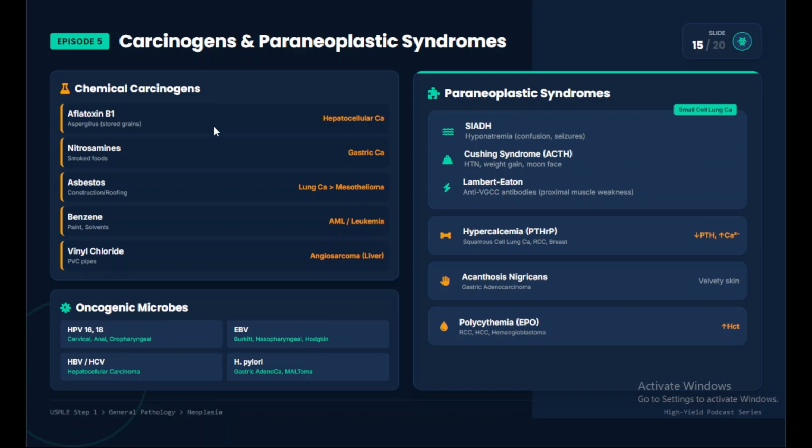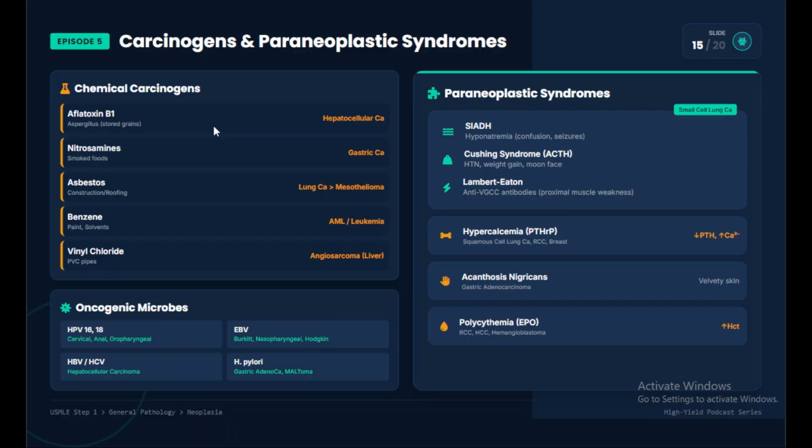The other one is nitrosamine, in smoked foods, and it can lead to gastric carcinoma. The other one is asbestos. It is present in construction and roofing, and can lead to lung carcinoma and mesothelioma. Another is benzene, present in paint and solvents, which might lead to AML and leukemia. The other one is vinyl chloride. It is present in PVC pipe, and that leads to angiosarcoma of the liver.